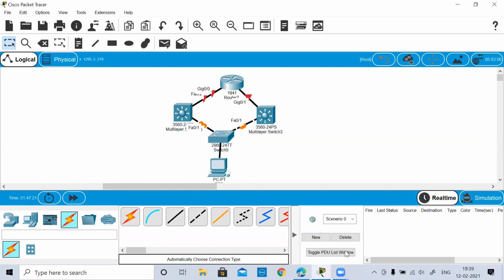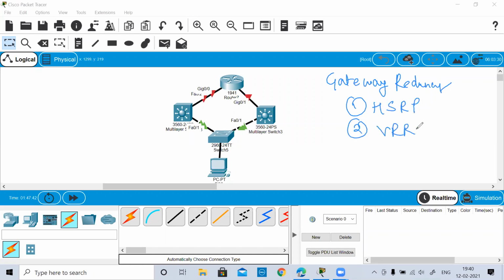So the gateway redundancy we just discussed, there are three categories in this. Gateway redundancy, or what we call first hop redundancy protocols. The one which I am going to explain here is HSRP. You also have VRRP, and you also have the gateway load balancing one.